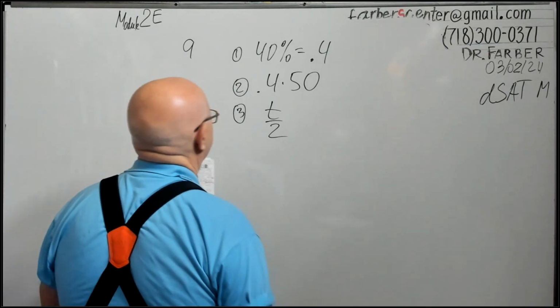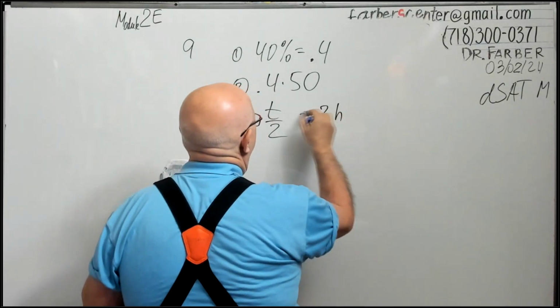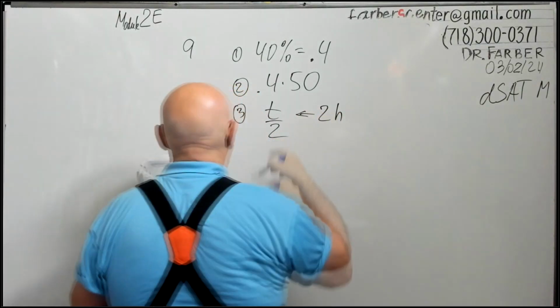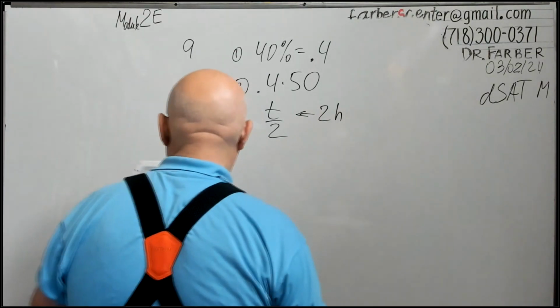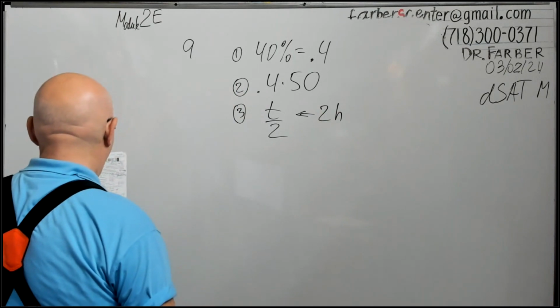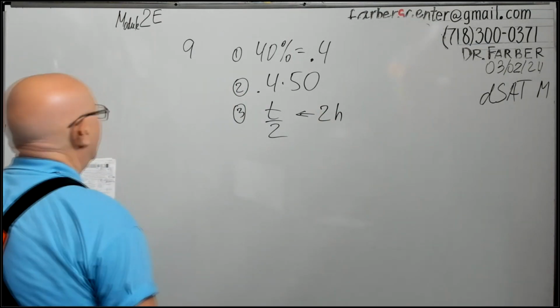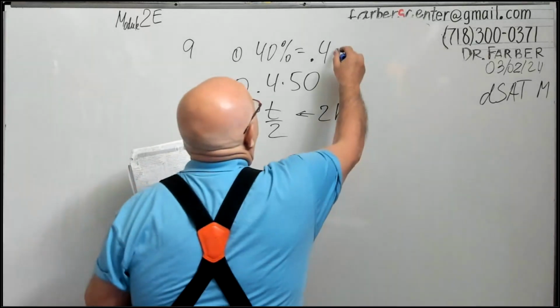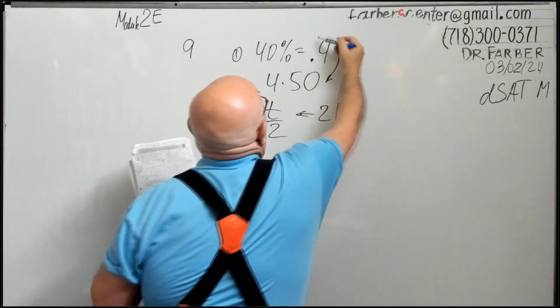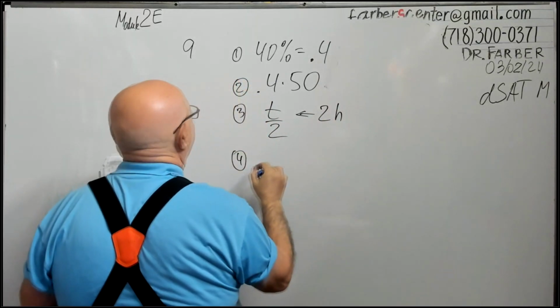Since every 2 hours, t over 2, right? In this case, that is the half-life number. Now, look at the multiple choice, what we have. In multiple choice, this is multiplied by this. I already multiplied this.